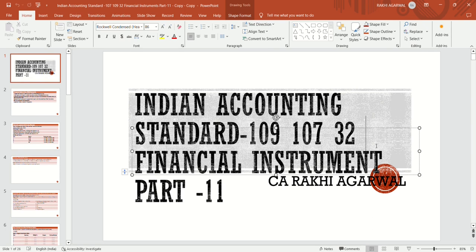Then we had discussed the recognition principles, whether of initial recognition and subsequent recognition. Initially, we recognize financial asset, financial liability and equity at fair value. Subsequently, it will be recognized at a measurement which is determined by its category.